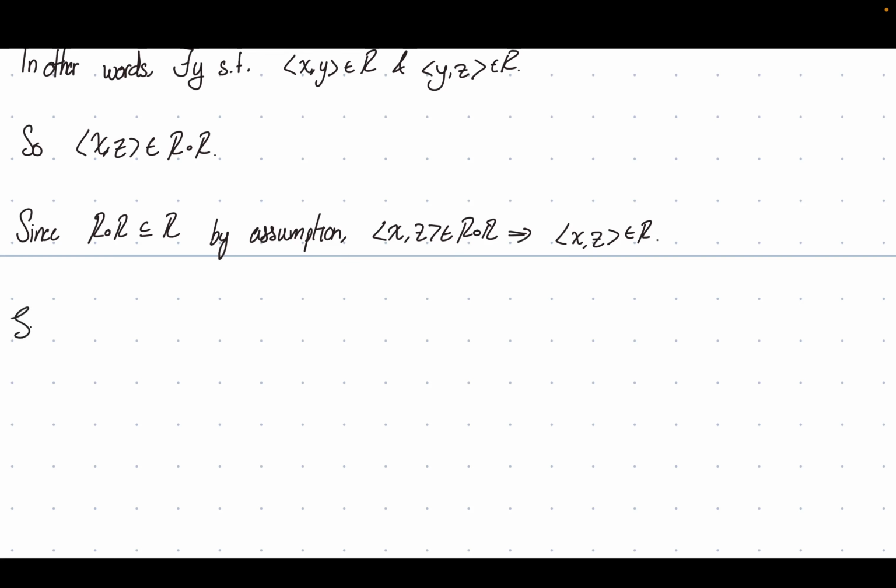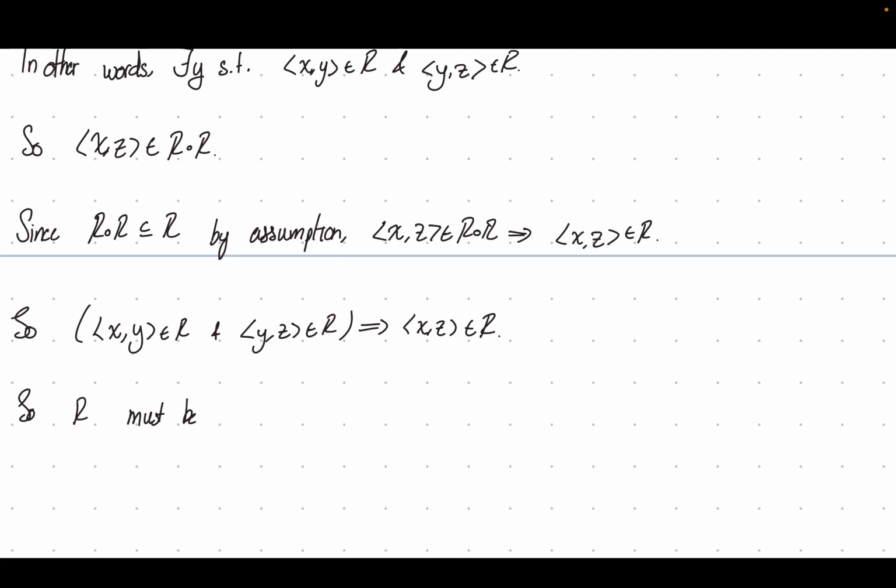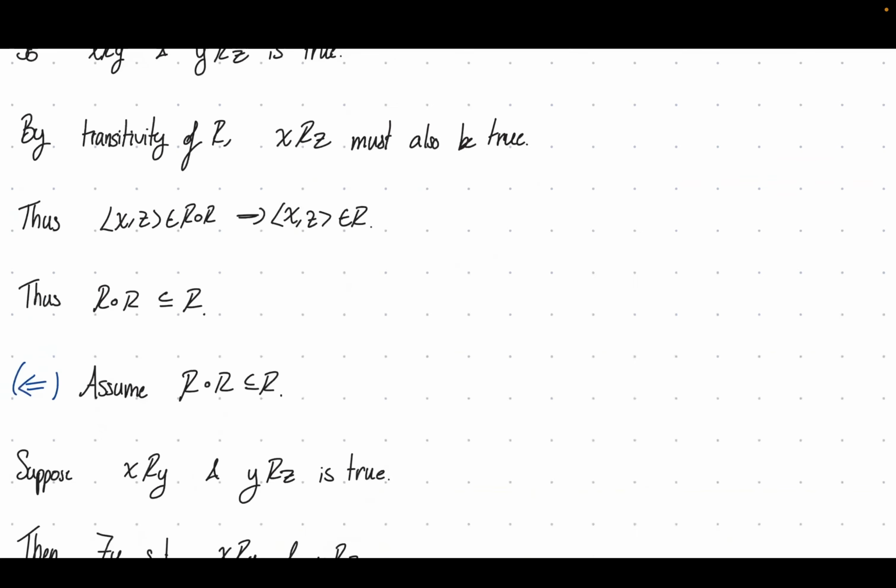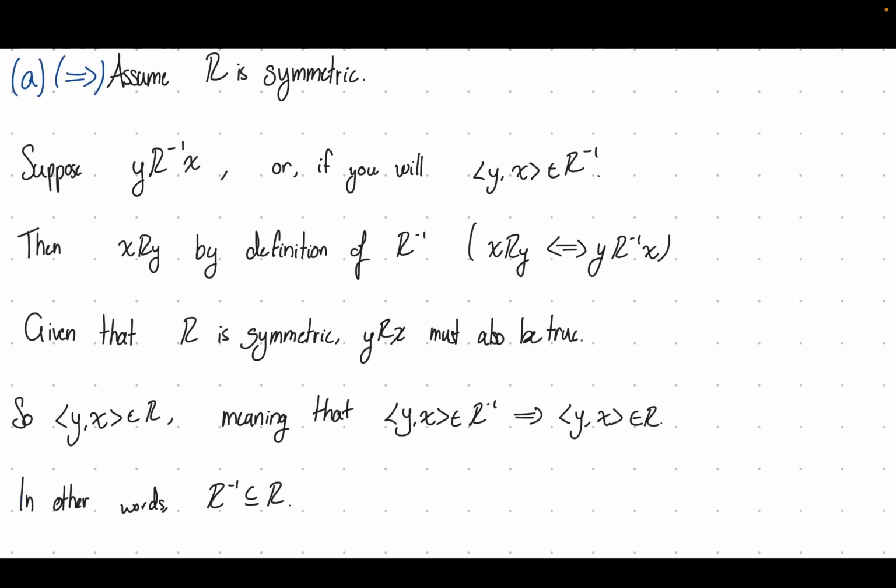Right, so X, Y in R and Y, Z in R, both of these together imply that X, Z is in R. So R must be a transitive relation. And there we go. That's all of exercise 32.